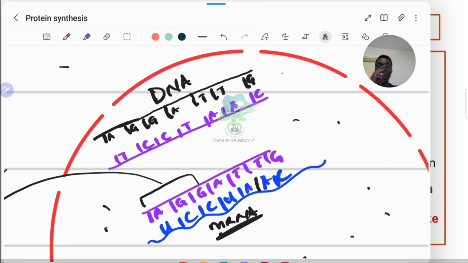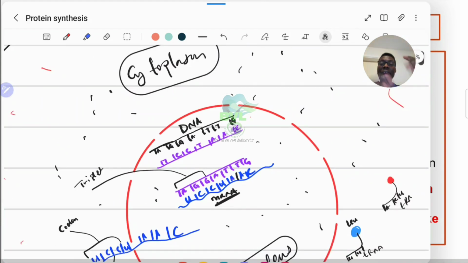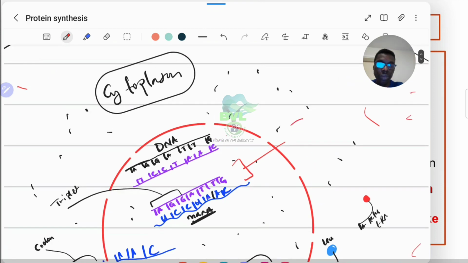So don't forget that you can't have a T in an RNA. It's going to be a U instead of a T. Now, the process of copying these to form mRNA, or forming mRNA from the strand of DNA, is called transcription.